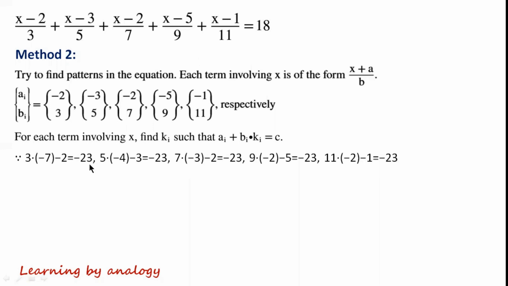Now look at a2, b2, which are -3, 5. 5 times -4 minus 3 equals -23. Now look at a4, b4, which are -5, 9. 9 times -2 minus 5 equals -23.